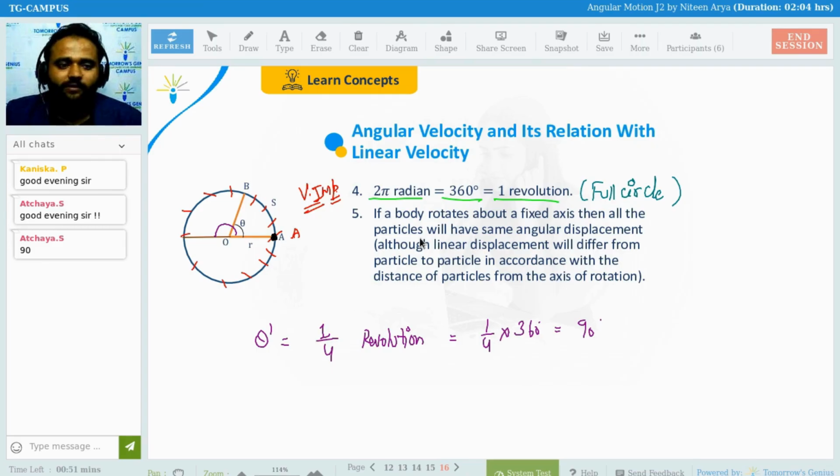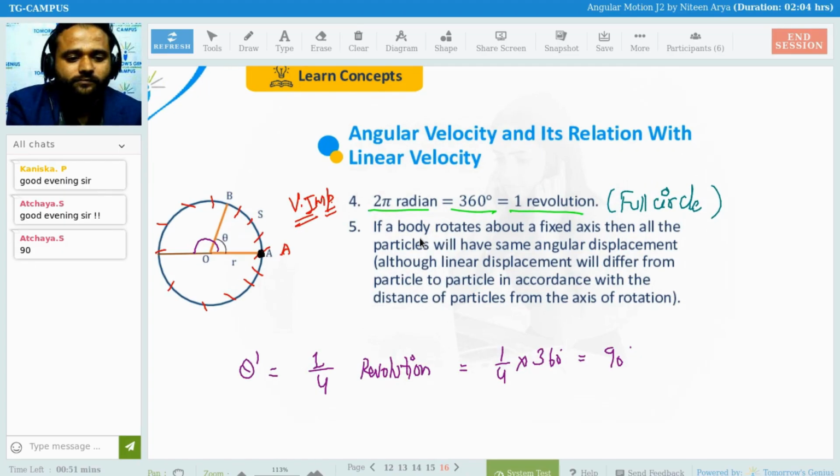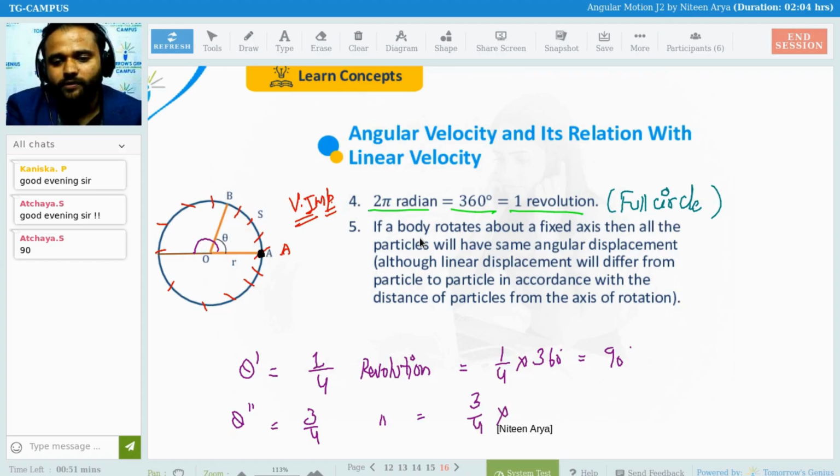Obviously 7 by 2 means 7 complete revolutions, so we don't need to worry; 1 by 2 we need to worry about. Similarly 3 by 4th of revolution is 3 by 4 of 360 degree, that is 270 degree. You just need to multiply by 3.